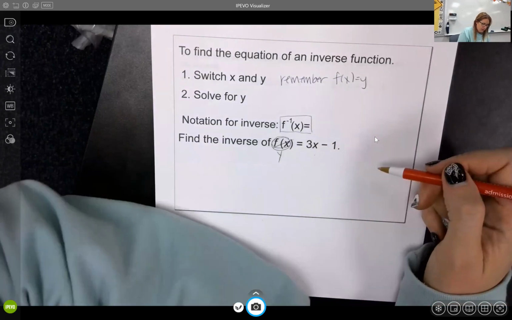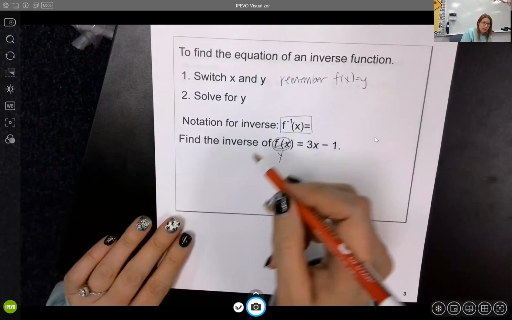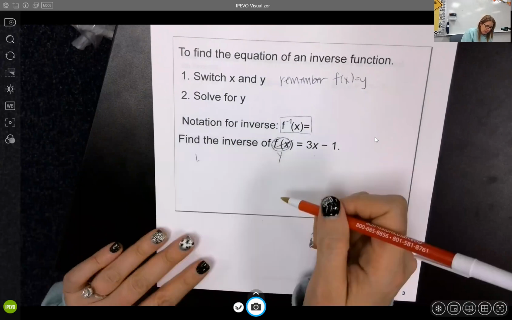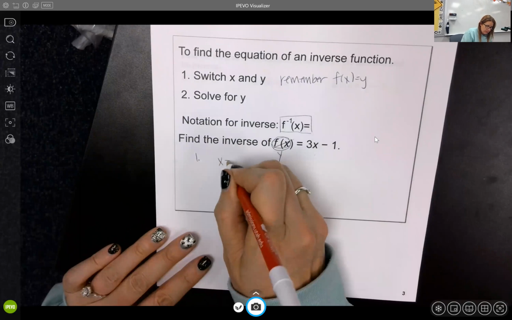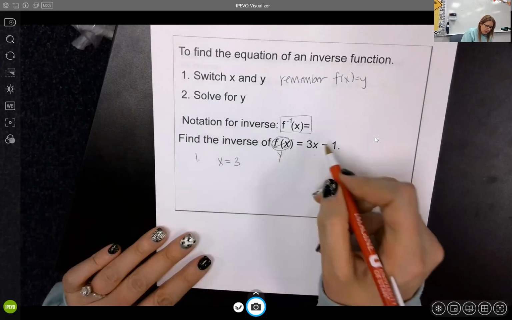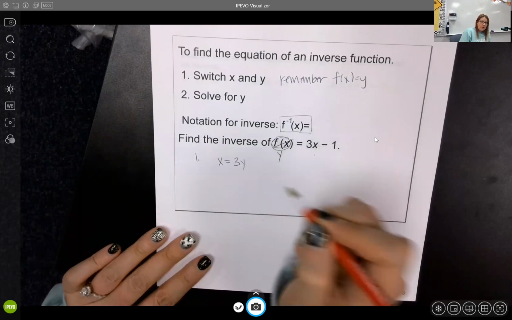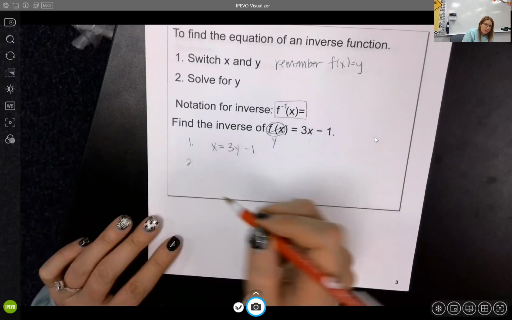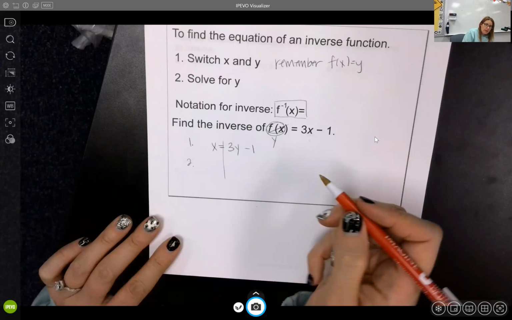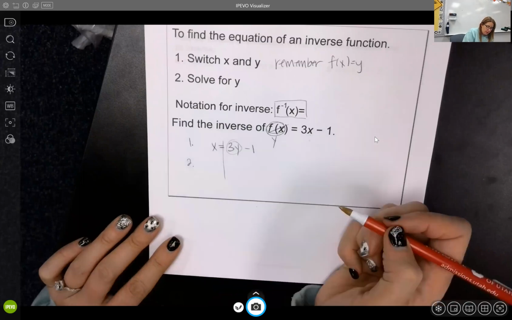So to find the inverse, the first thing I do is switch x and y. So instead of y, I write x. Instead of x, I write y. Okay, and then we solve for y. So step 2 is to isolate the y. So I'm going to get this term by itself. So add the 1 over.